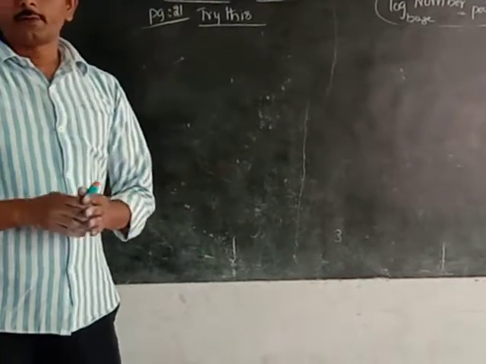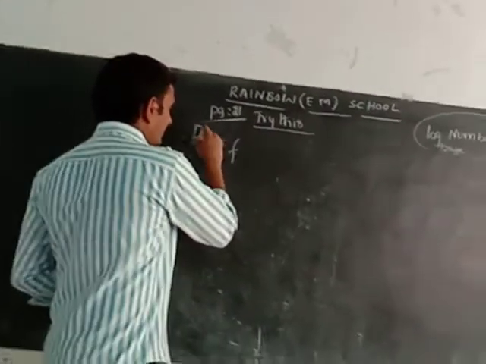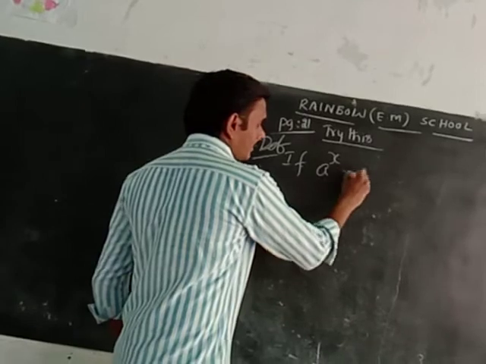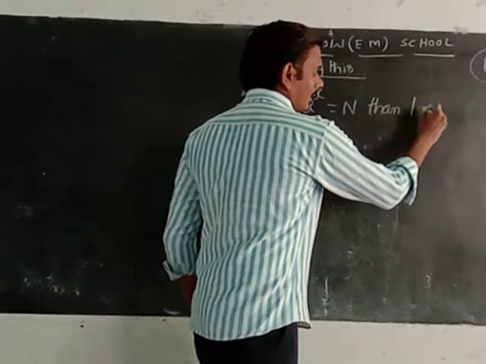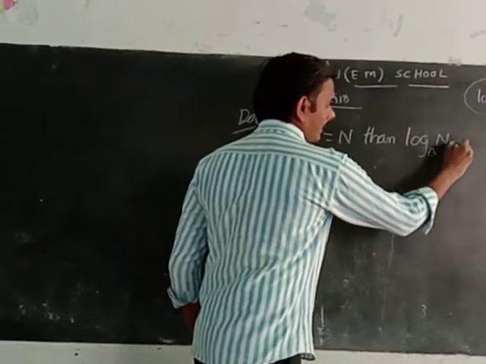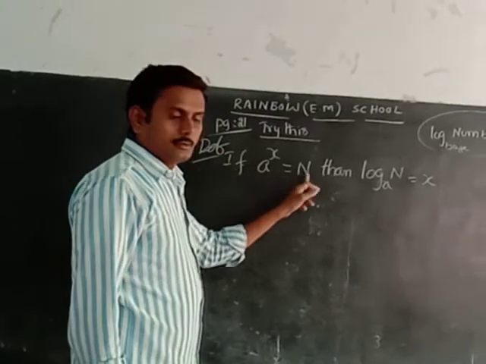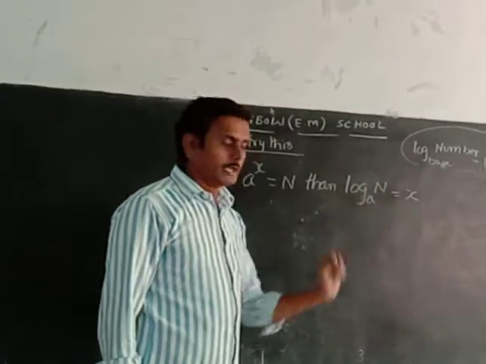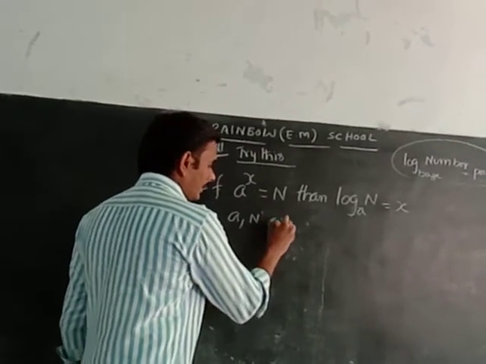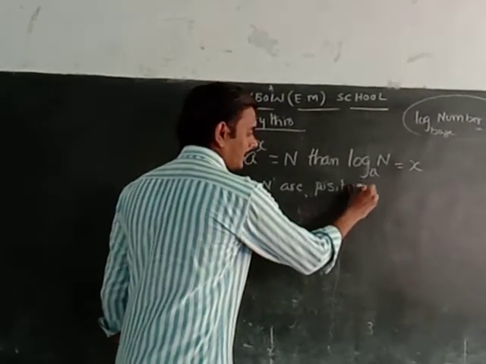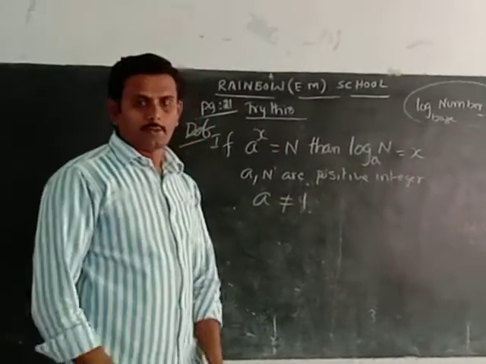Okay, one thing we forgot. What is the definition of the logarithm? If a power x equal to n, then the logarithm form is log of n base a equal to x, where a and n are positive integers and a is not equal to 1.